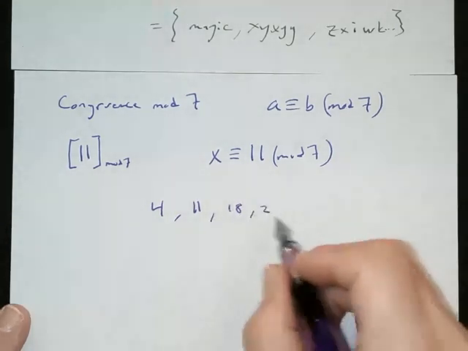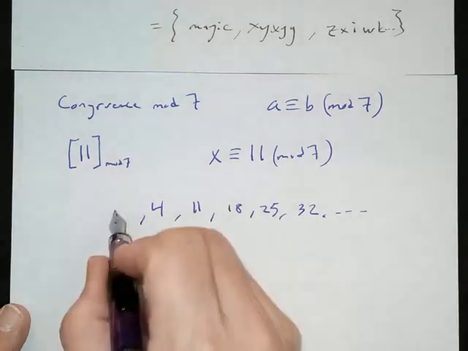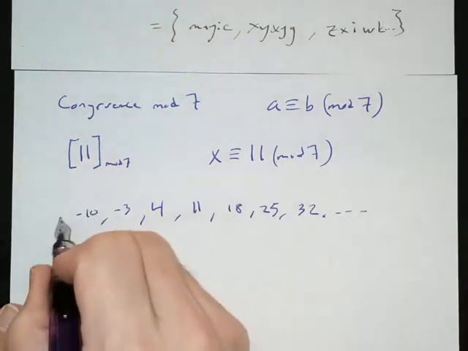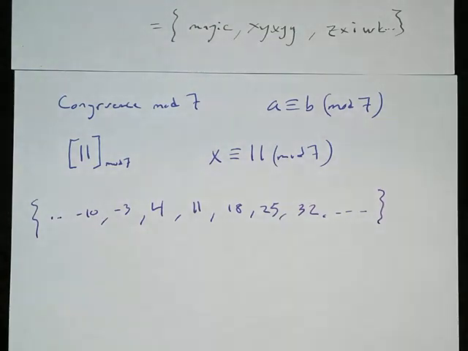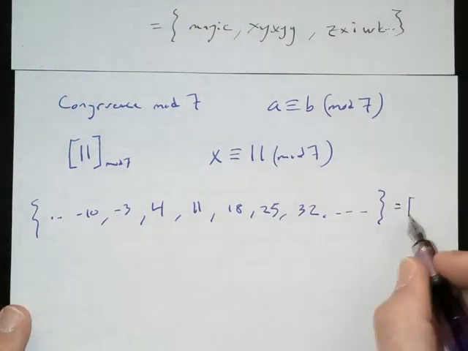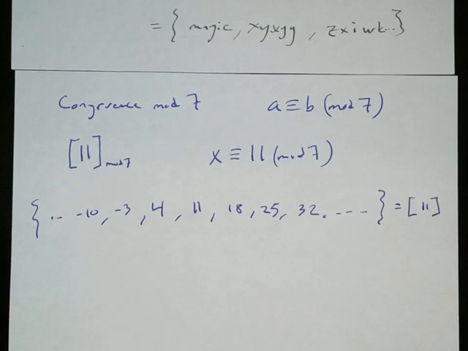And I could add more and more 7s. And I could subtract more and more 7s. And all of those are in the class that goes with 11 mod 7.